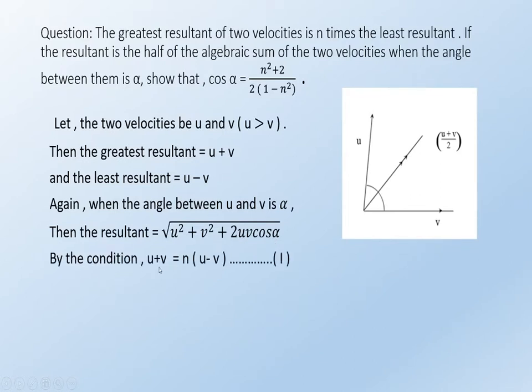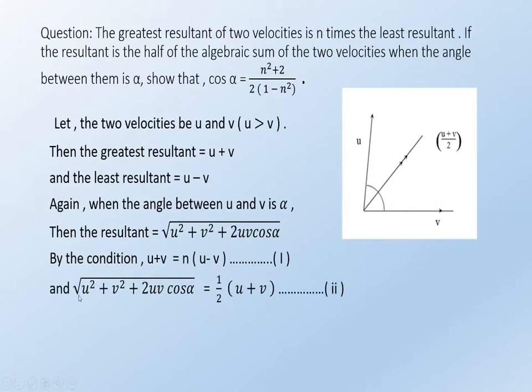By the condition, u plus v equals n into (u minus v), whereas here it is given that the greatest resultant of two velocities is n times the least resultant. Greatest resultant is u plus v, least resultant is u minus v. So the greatest resultant is n times the least resultant.